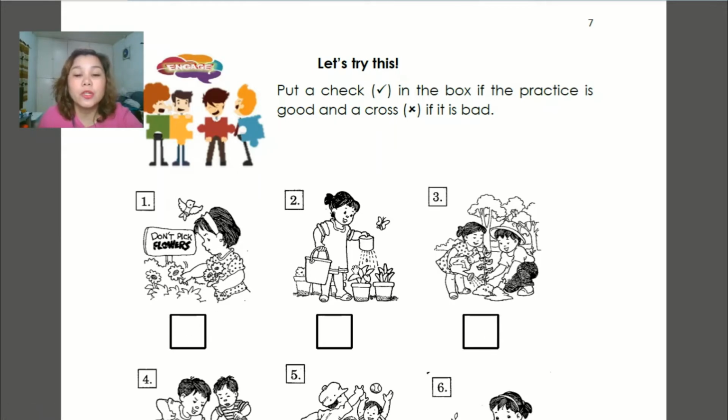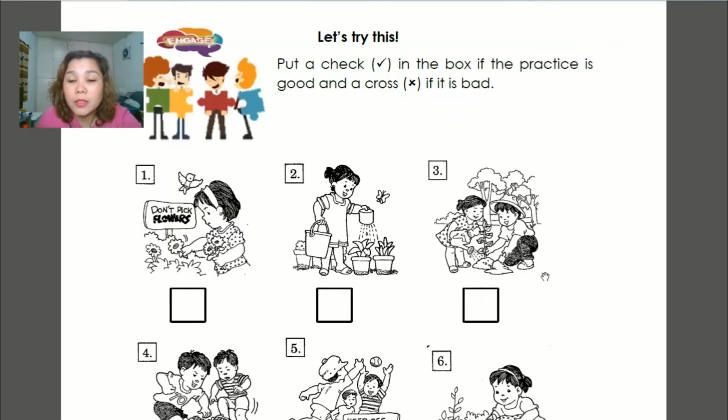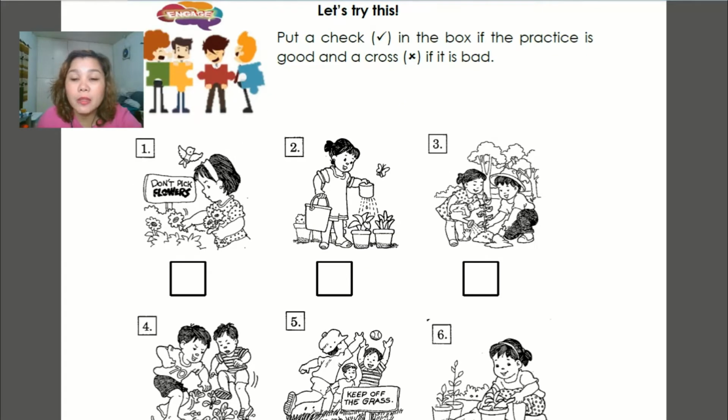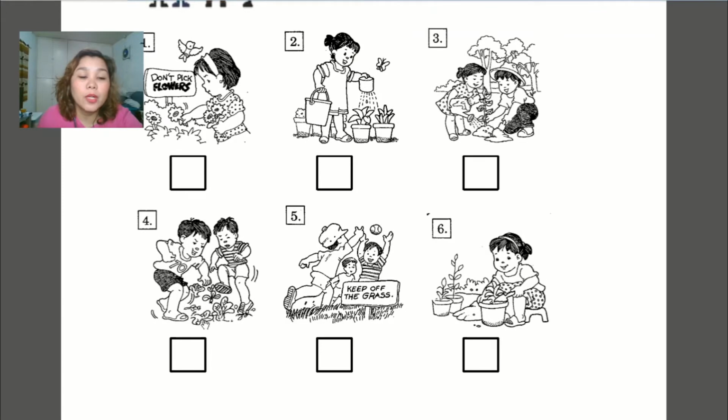Number 2, a girl watering the plants. Number 3, children planting, maybe a young tree, and the girl is watering it. Number 4, the children are stepping on plants.